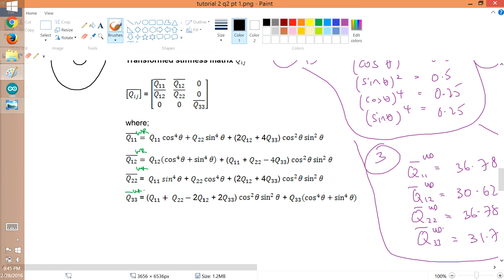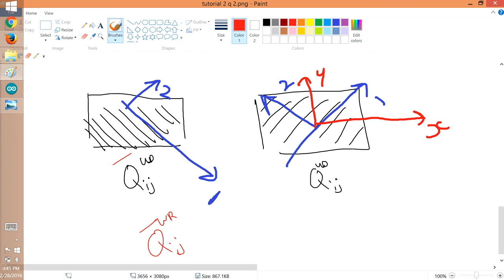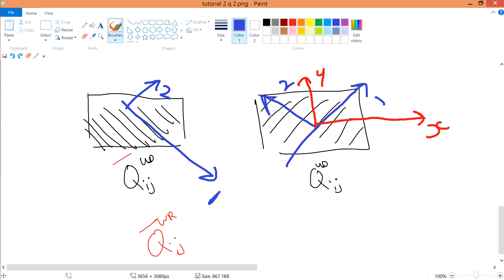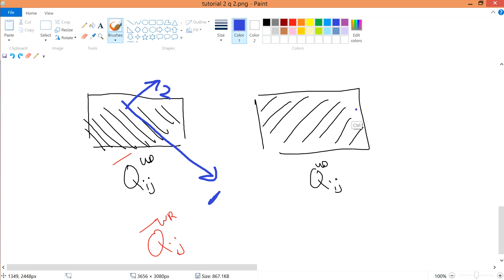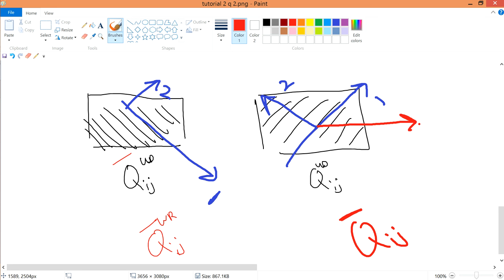You are transforming, or shifting, the blue color 1-2 direction axis to the xy direction, so that you can calculate under an xy direction load. For example, this is the 1-2 direction. The calculation for Q bar ij is the stiffness matrix when you apply a force in this direction x, or you apply a force in the y direction.